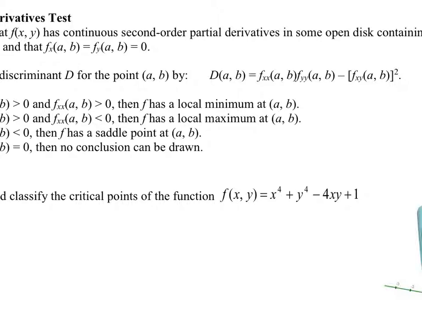The continuous second order partial derivatives, that's like a throwaway statement from Calc 1, but here it's so important because what it means is that your second order partials are interchangeable. All right, so partial xy is the same as partial yx, right? Because it's continuous second order partials, right?